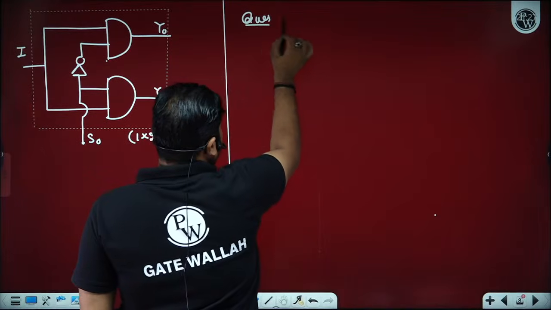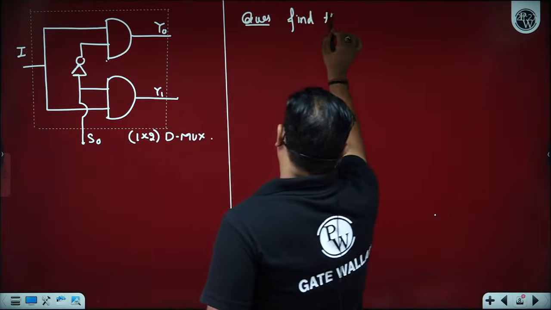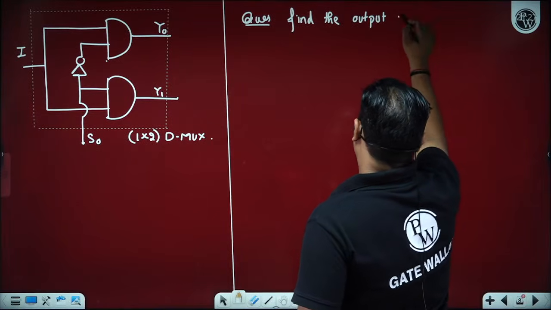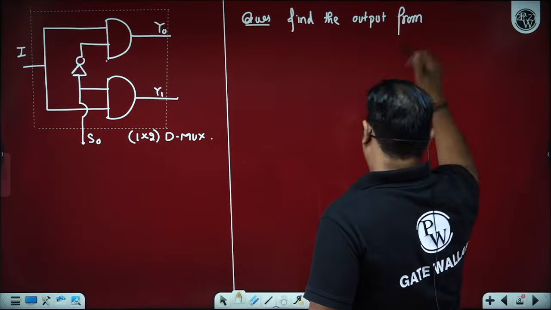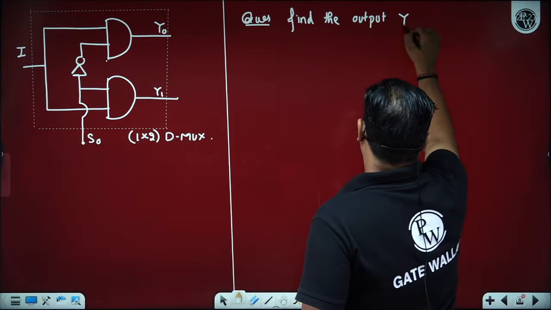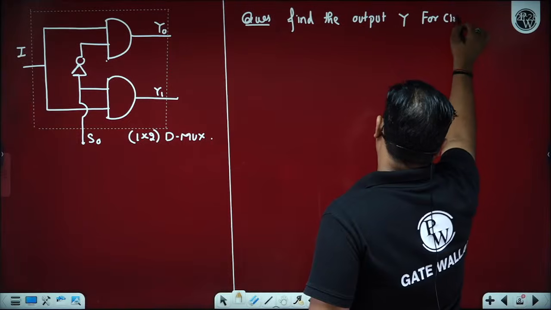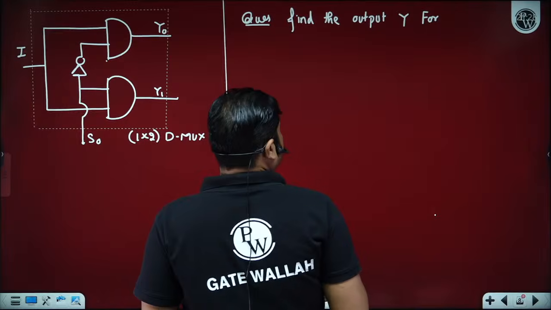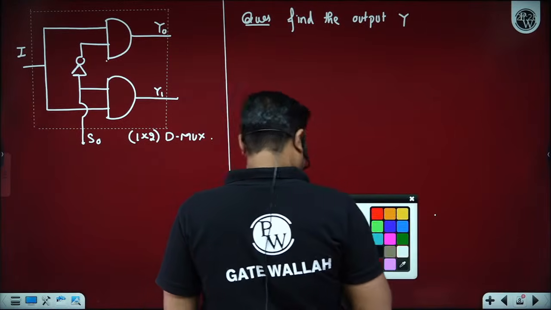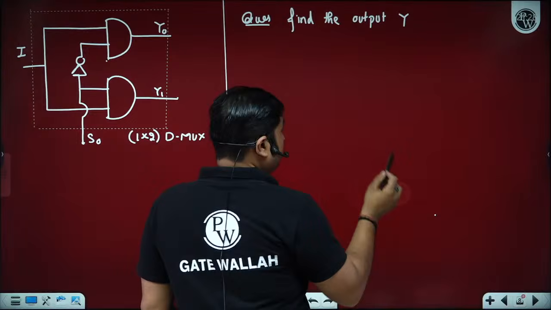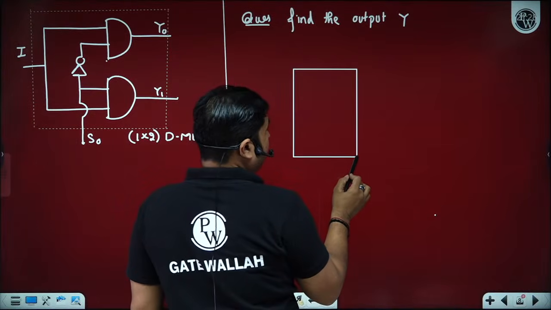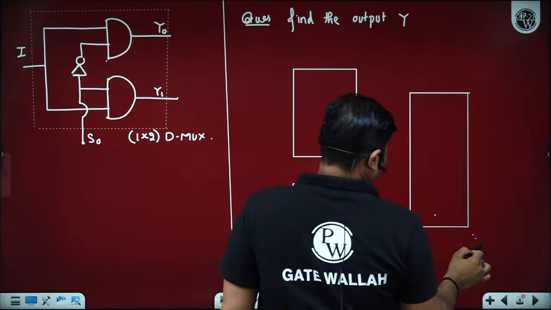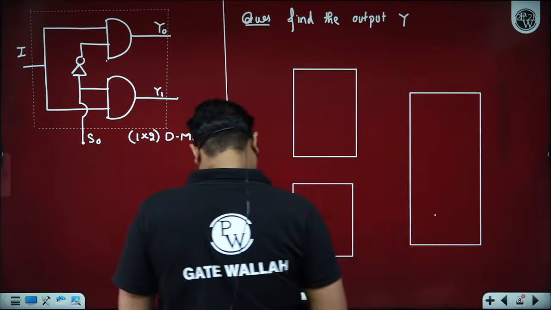Find the output Y from the circuit shown below. Suppose we have 1, 2, 3.